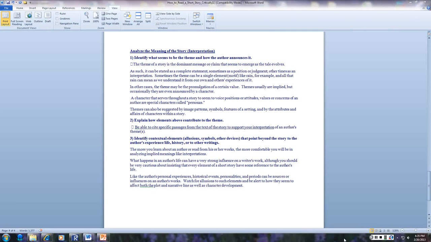However, what we want to look for is some idea that we can carry away from the story. We should, once we determine the theme, be able to pick particular text passages from the story that support that interpretation. We also should be able to identify contextual evidence that points beyond the story in certain ways.